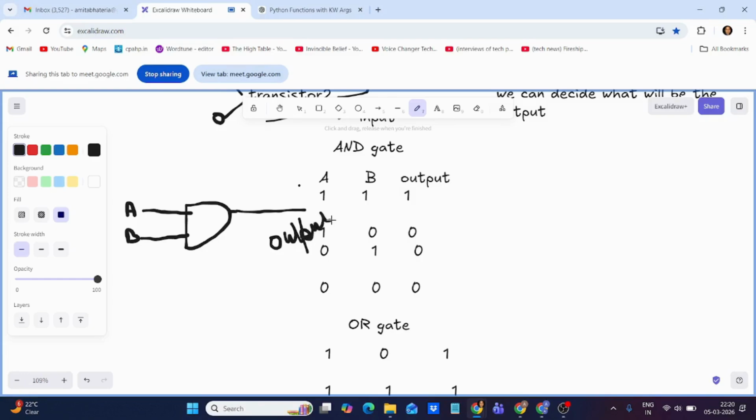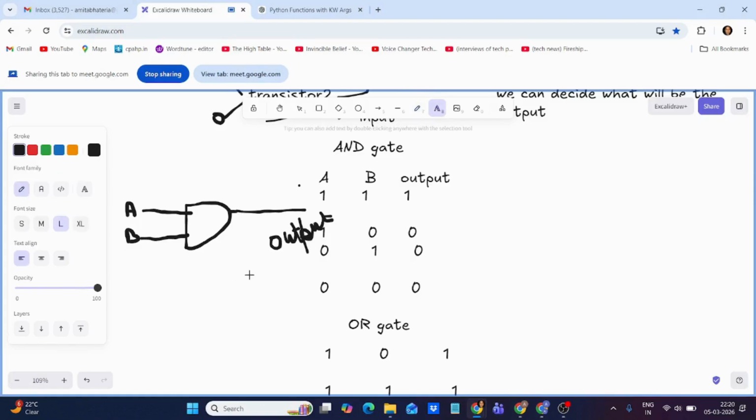It is bad writing, but I have just written output. Understood? And how can we calculate the AND gate? If we say A into B, A dot B, where dot means into, this is how we can calculate.